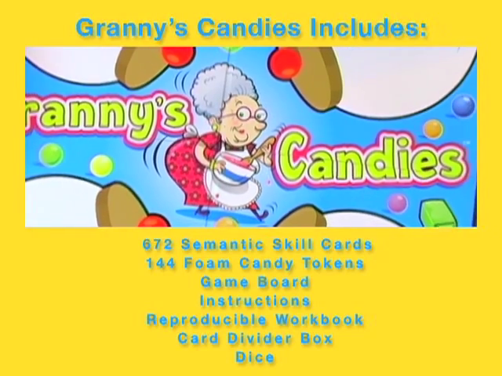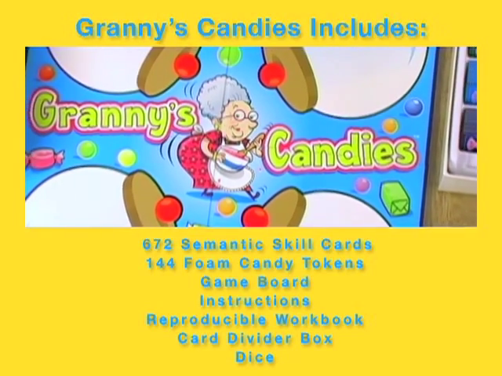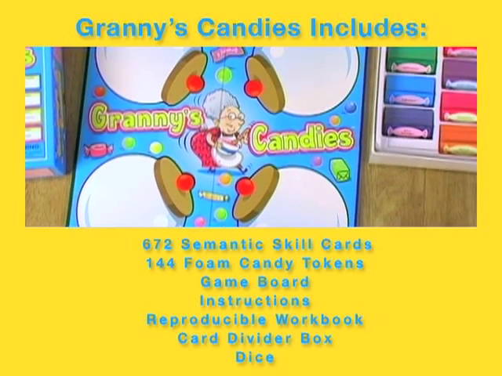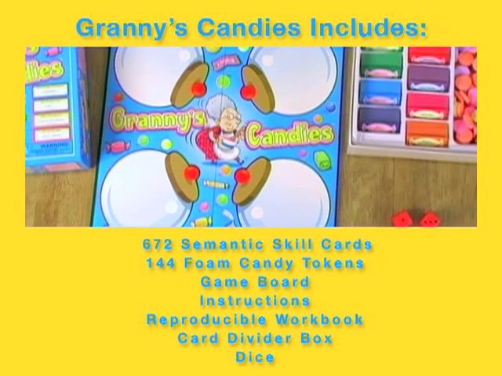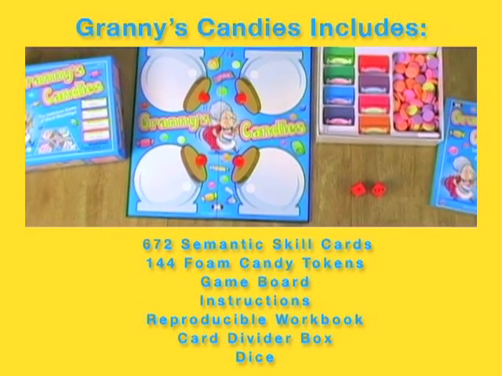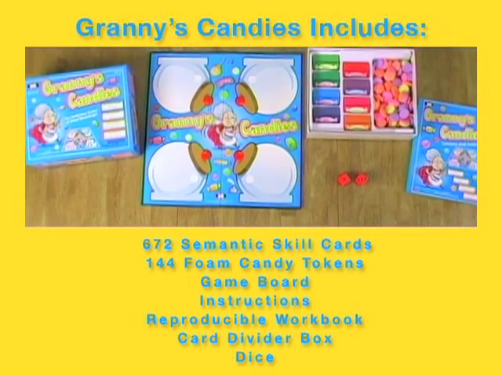The Granny's Candies game is going to include 672 semantic skill cards, 144 foam candy tokens, a game board, the instructions, a reproducible workbook, a card divider box, and dice.